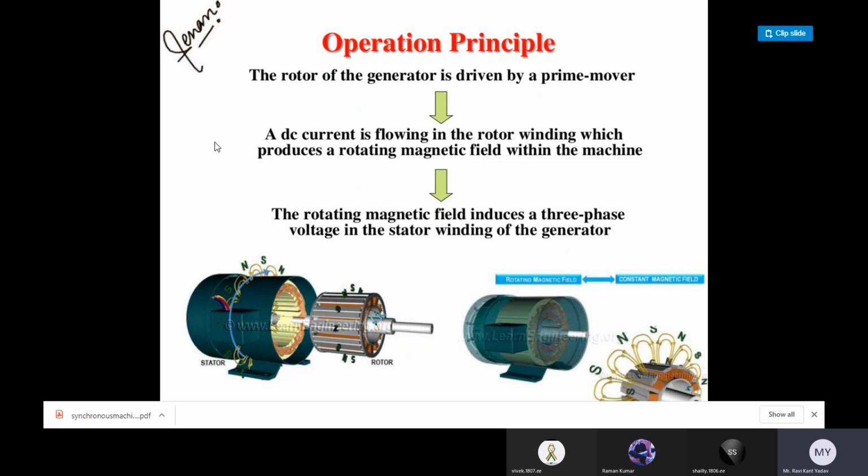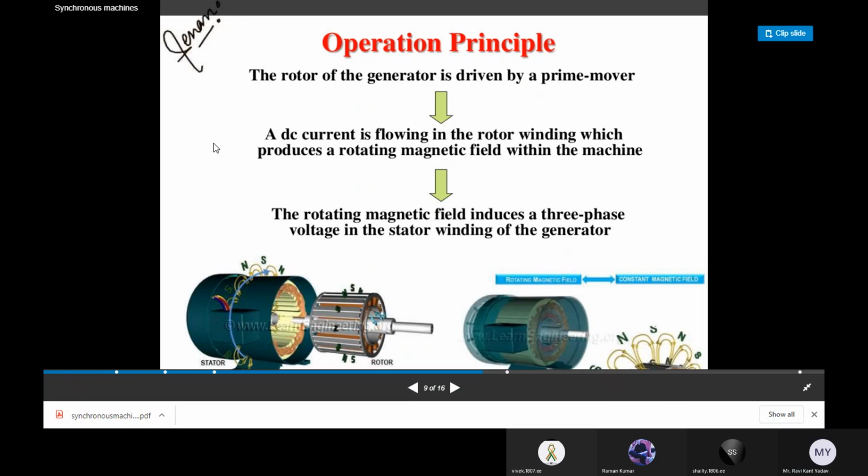That's why R, Y, and B phases are generated in the armature winding, which is stepped up by a step-up transformer, transmitted to the transmission line, and finally supplied to the distribution end. This is the basic concept of the basic working principle of the synchronous generator. Okay?